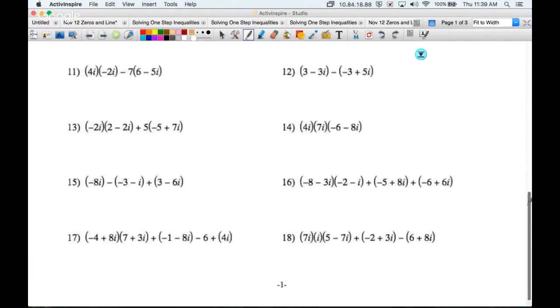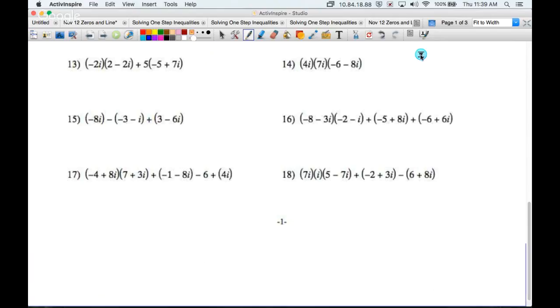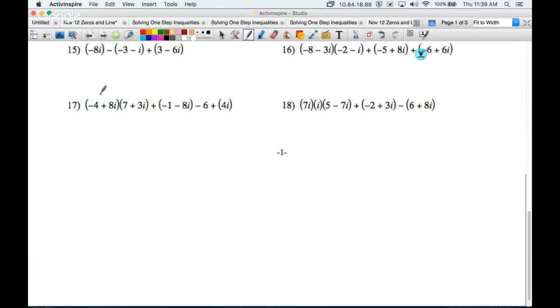Let's see, here we got a mix of operations. Let's pick one, like maybe one of these last two that look a little bit longer. I guess 17 looks maybe kind of tricky. But we just take it one piece at a time. I'm going to FOIL these first two imaginary numbers.